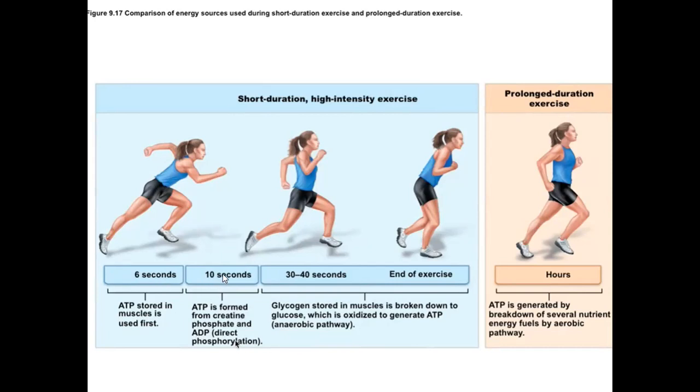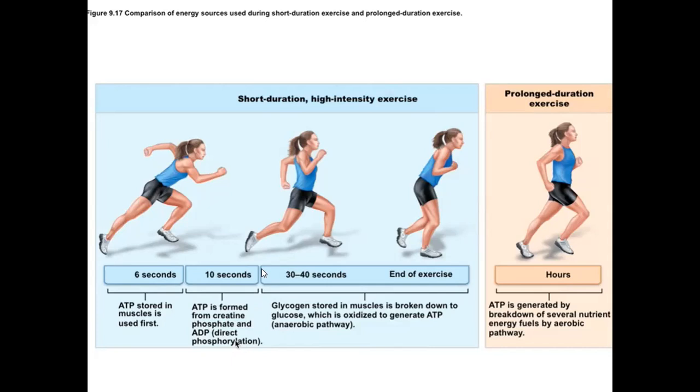However, by the time you are doing your 100-meter dash, you are taking your next 10 seconds to utilize the stored ATP in the form of phosphocreatinine, which is converted to ATP.